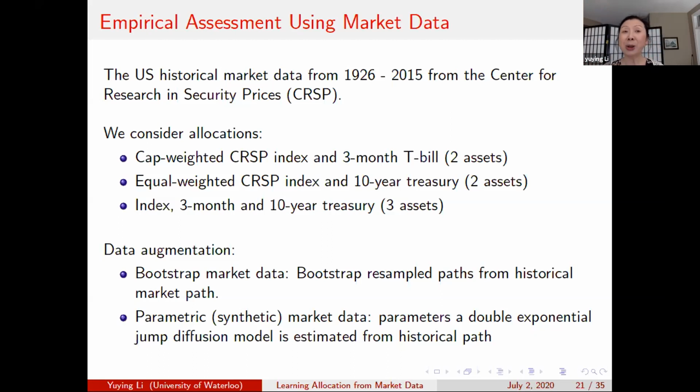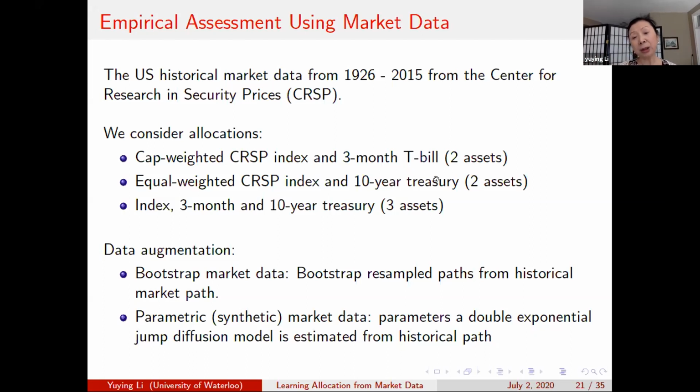We look at US historical market data from 1926 to 2015 in this presentation. That's the data we have, from CRSP. In my presentation, I'm going to consider the following allocation optimal control problem: a two asset allocation involving the cap-weighted CRSP index and a 3-month treasury bill.